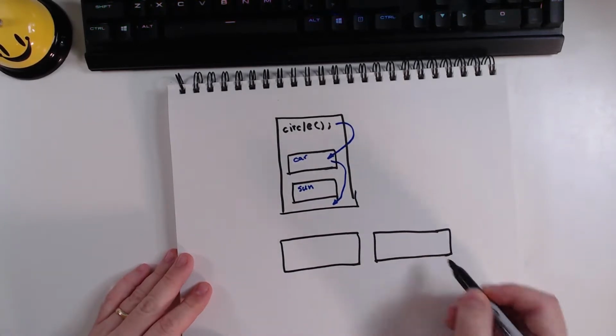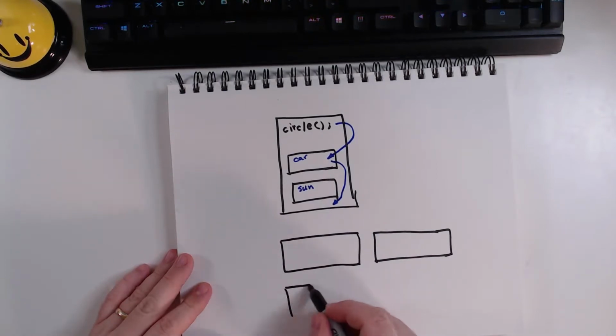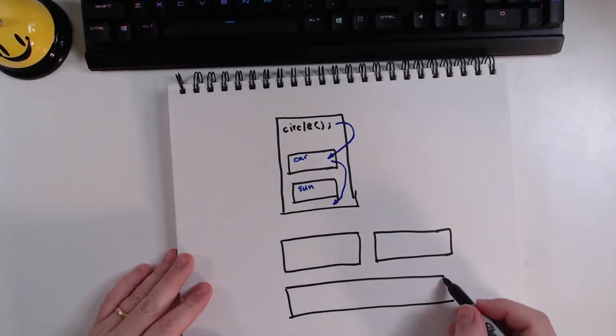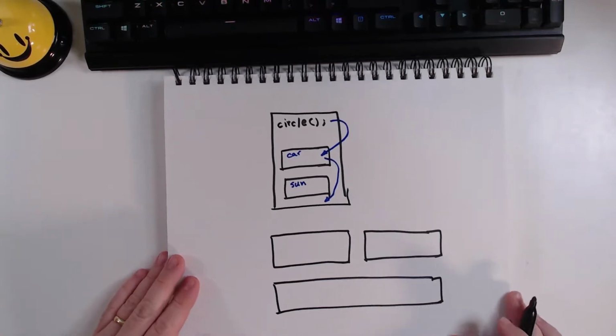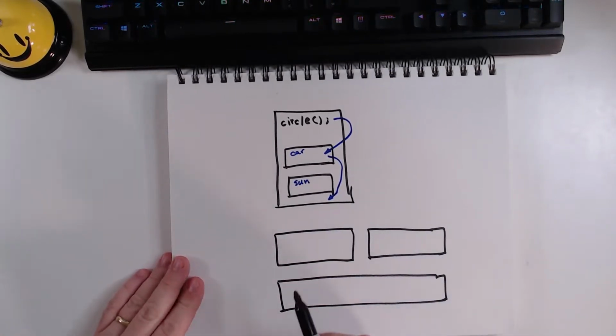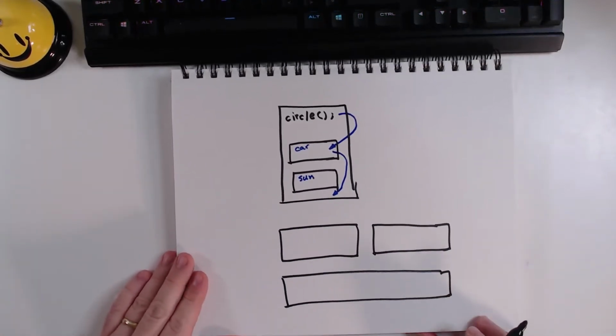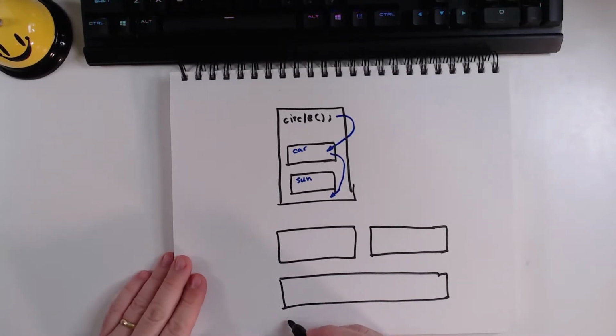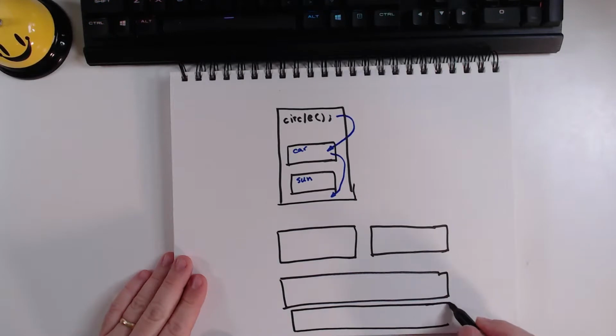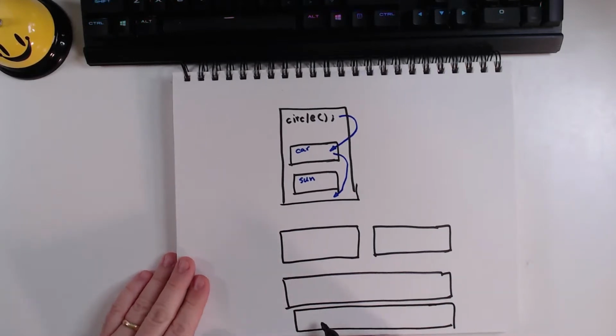Let me represent some libraries with these rectangles. These libraries sit on top of each other, in a sense. Maybe let me place another one at the bottom. Let's start with this one on top.